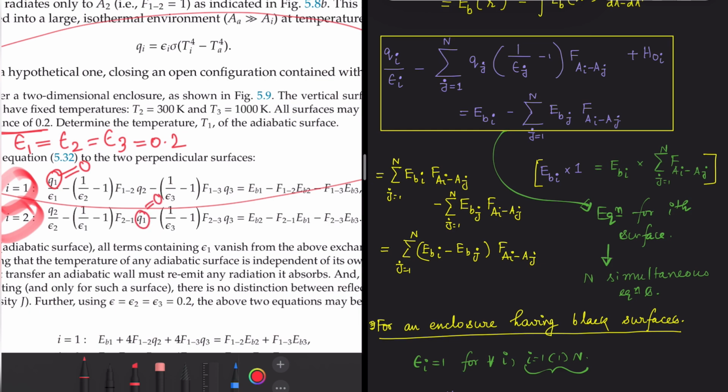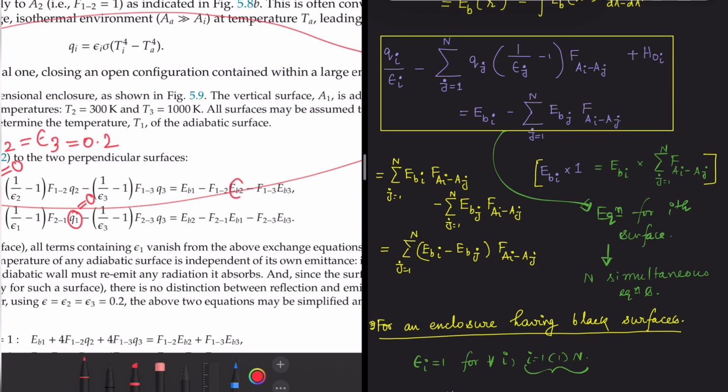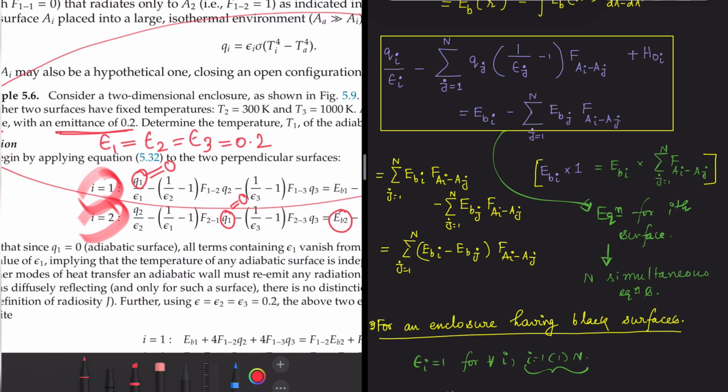All these Q1s are 0. Do you know Q2? You don't know. And what else do you know? You know EB2, EB3, because you know the temperatures T2, T3. EB2 is equal to sigma T to the power 4.